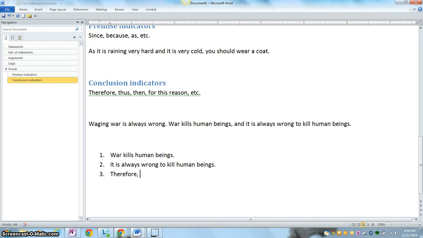Normally you want to set the conclusion apart by using the word therefore when you set the argument in standard form. So therefore, so this is another example of an argument. I hope this is clear.